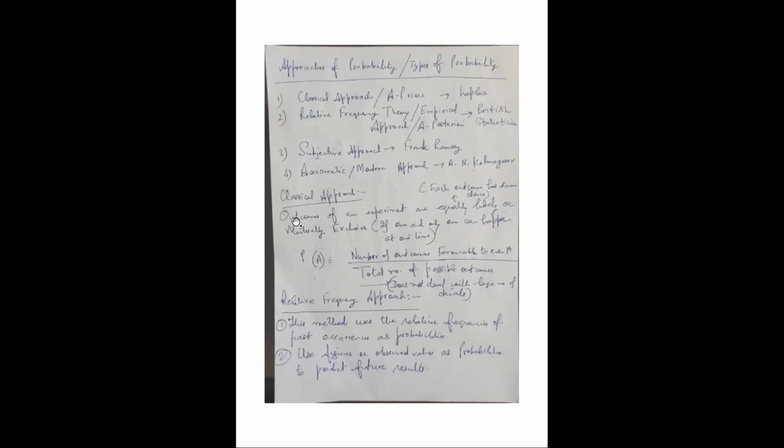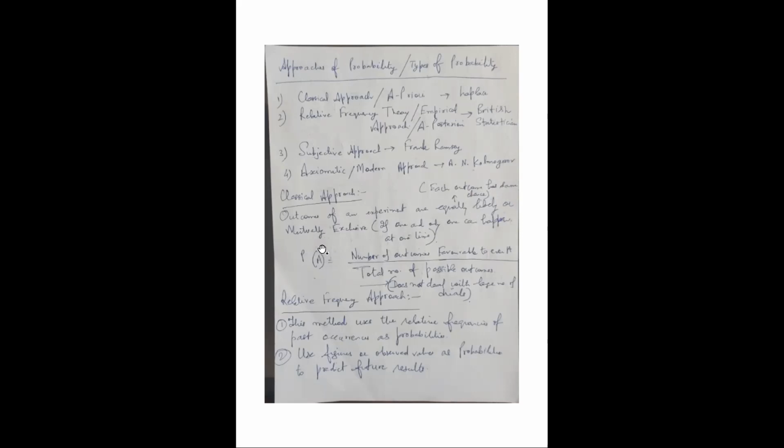Outcomes of an experiment are equally likely or mutually exclusive. These two are different words. Equally likely means each outcome has the same chance of becoming true. The likelihood of an outcome happening is the same for all the outcomes.